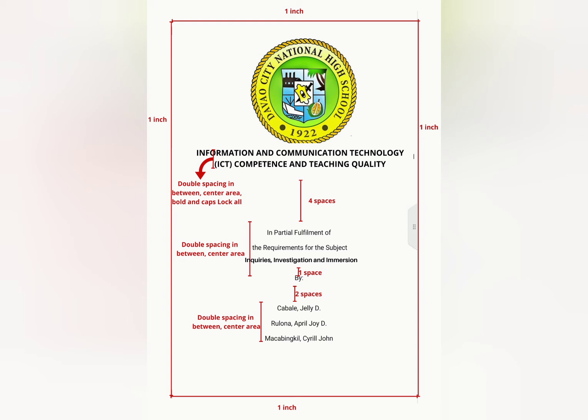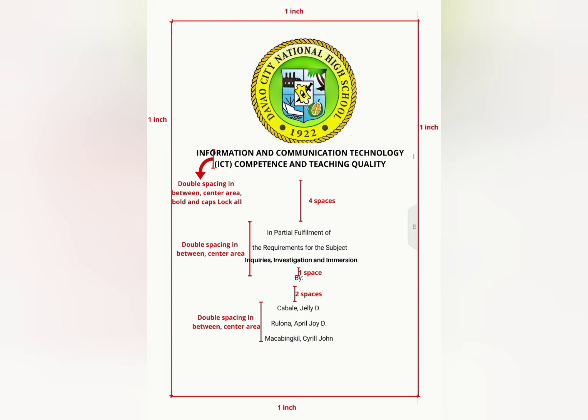You are going to use A4 size bond paper, and the top, bottom, left, and right margins are 1 inch. At the top of the paper, there is a logo.